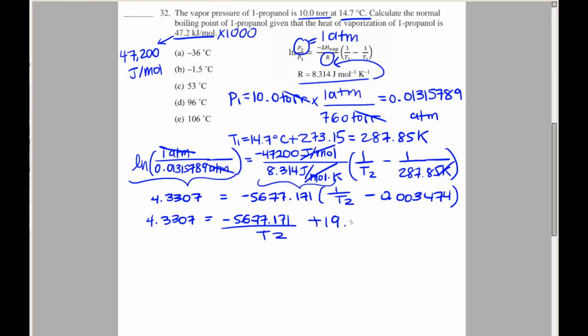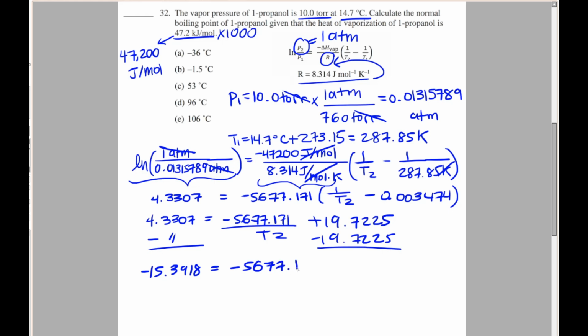Plus 19.7225. And we can subtract 19.7225 from both sides, and this will give us negative 15.3918 is equal to negative 5,677.171 over T2. Cancel out the negatives, and we're left with this sort of ratio.